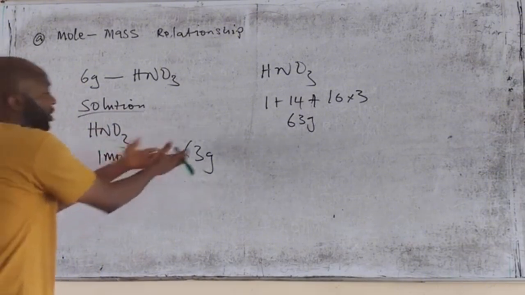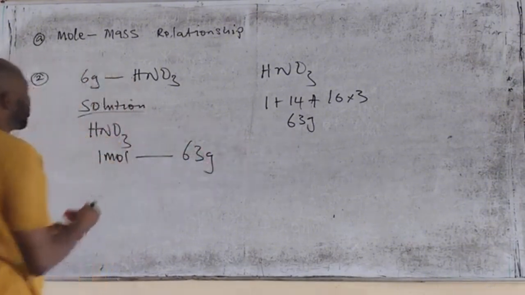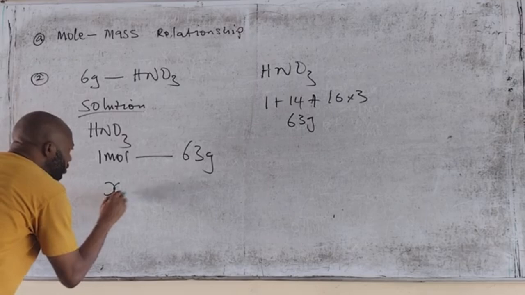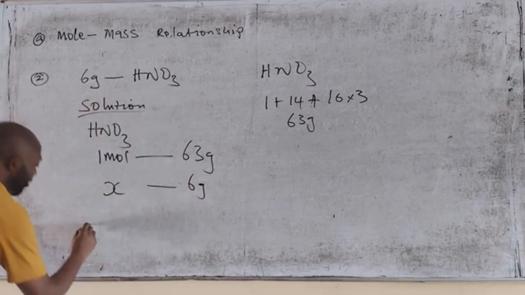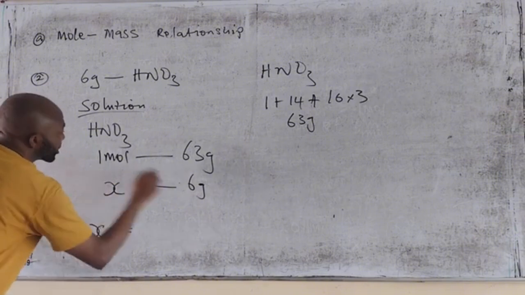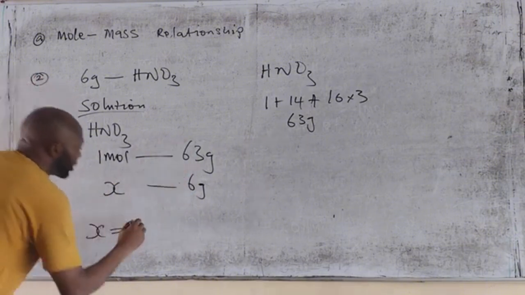1 mole of HNO3 is equivalent to 63 grams. So how many moles will give me 6 grams? That's the question now. So I have my X, which is this times this divided by this. Cross multiply.